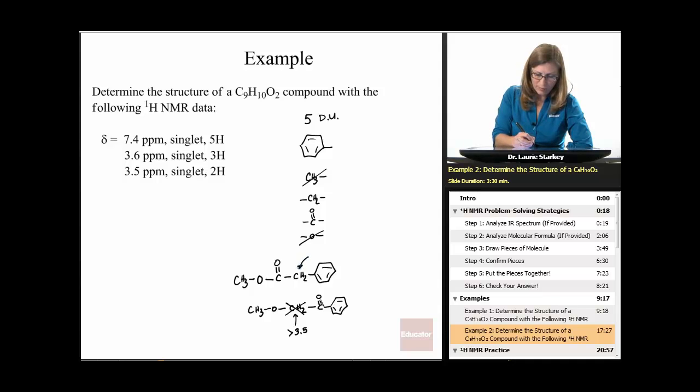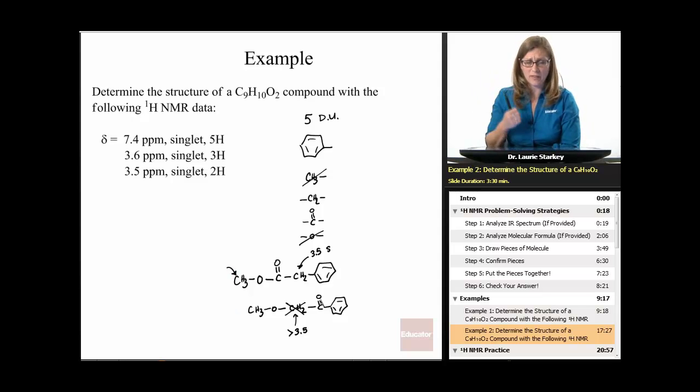Okay, but now if we were to predict this, where do we expect this to be? Well, it's going to shift a little downfield because of the carbonyl, and a little downfield because of the benzene ring. That would put it at 3.5. 3.5 ppm is very reasonable for this one. We would expect it to be a 2-hydrogen peak. Is this a singlet? It is a singlet, just like we predicted.